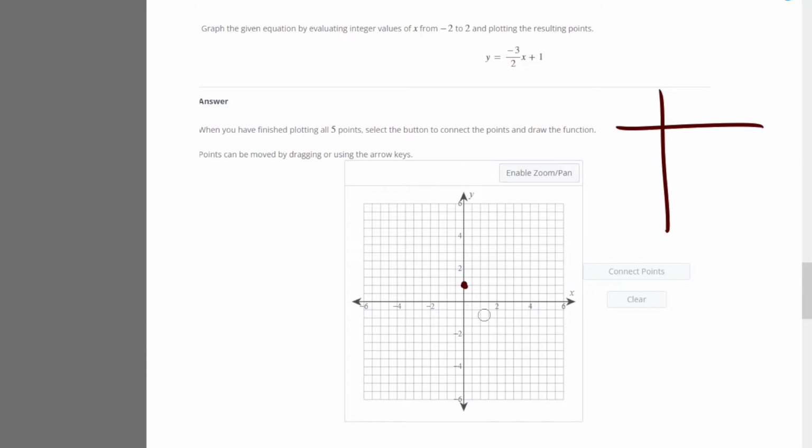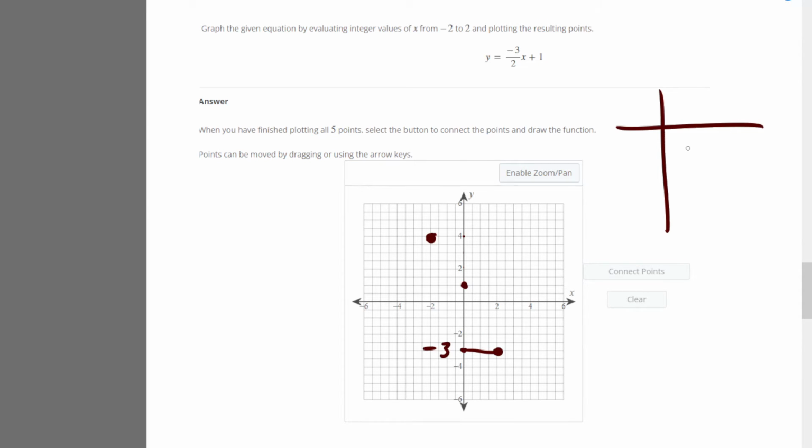So you go down 3/2. And you have to keep in mind that the graph sometimes is not going by what you expect. I just almost did this right here, but actually -3 would be right here. So down 3, and then up 2. So that gives us these points.